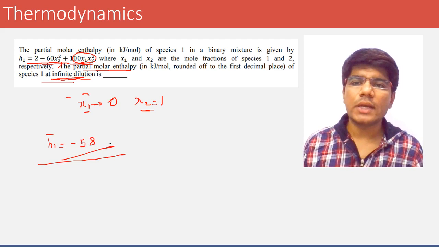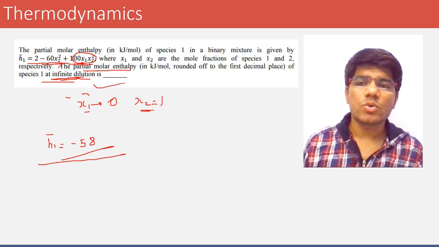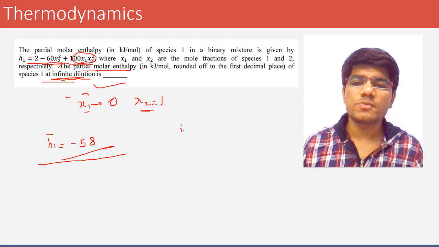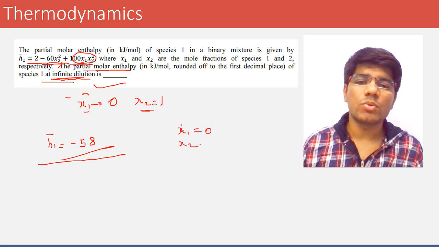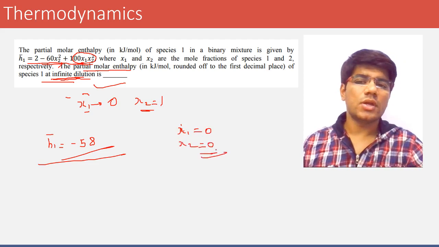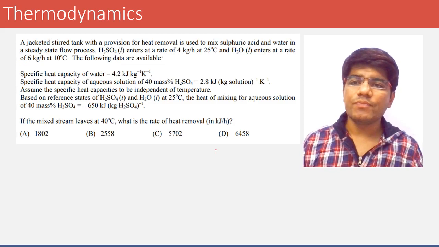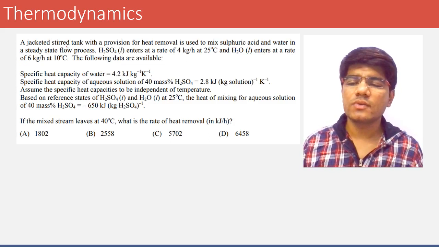So minus 58 is the right answer for this question. You need to understand this thing only: infinite dilution of species 1 means x1 equals 0, and infinite dilution for species 2 means x2 equals 0. So that's it.